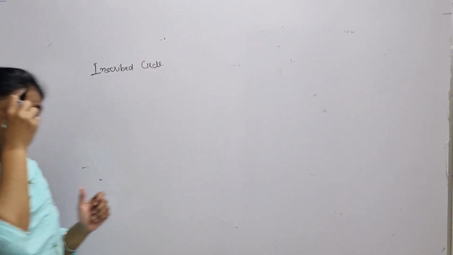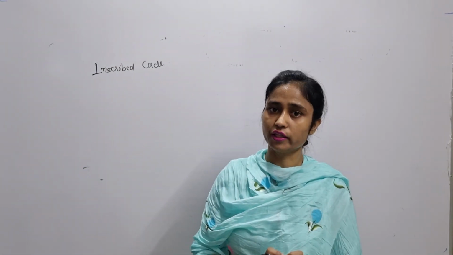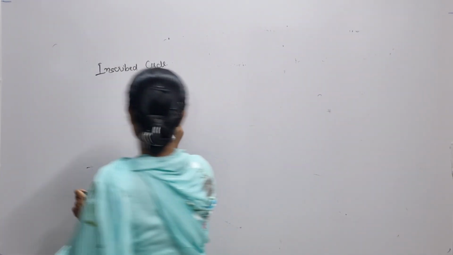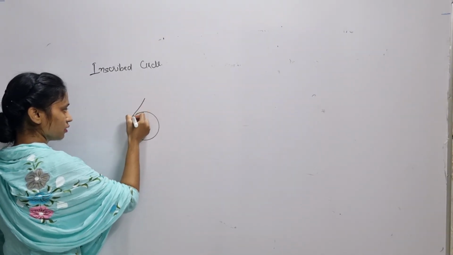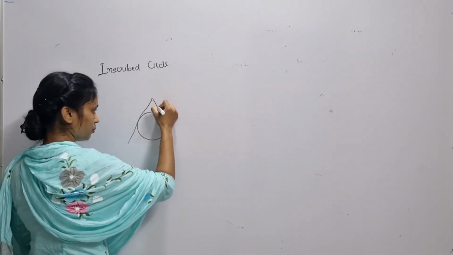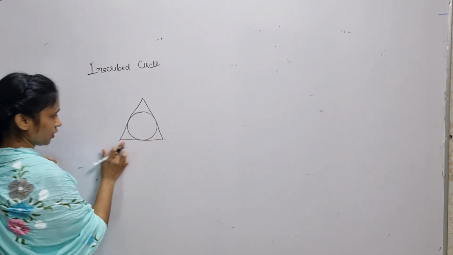A circle which touches each side of the polygon. Suppose this is a circle and the polygon is a triangle in this way.